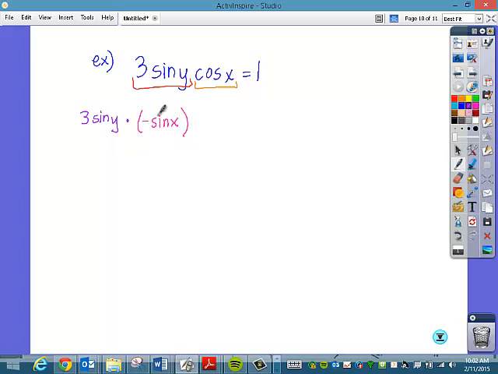First times the derivative of the second plus the second times the derivative of the first, which, the derivative of 3 sine of y is 3 cosine of y, and then you have to take the derivative of y, which is dy dx, and then the derivative of 1 is 0.